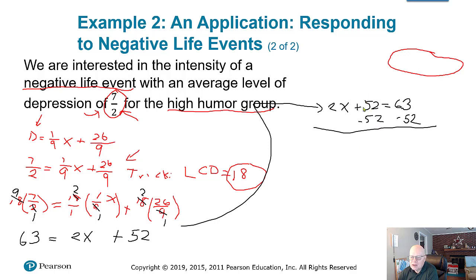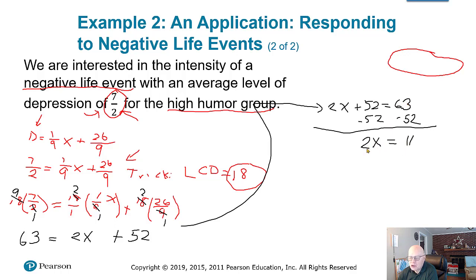Well, these cancel out the 52s. I'll end up with just 2x over here. And once I subtract those, because remember I'm subtracting because the signs are different, so I end up with positive 11 because the 63 is bigger. And then down here I've got 2x equals 11.